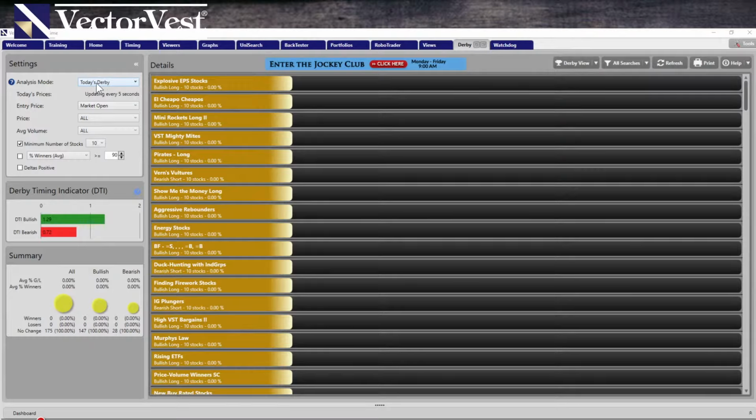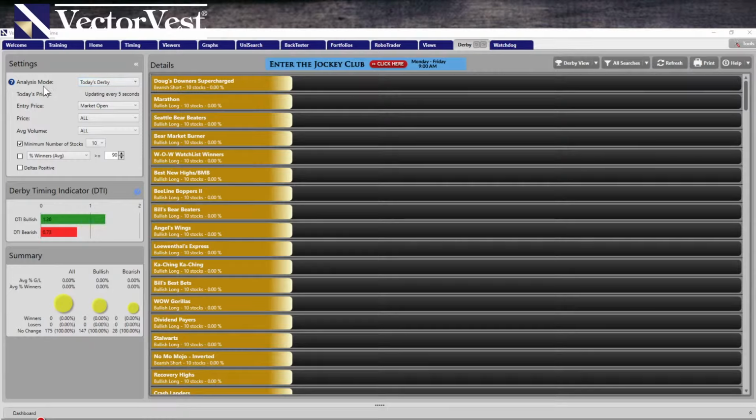Now, what today's Derby will do is once the market starts to open up, you're going to start seeing these searches, and it's going to bring to the top what searches are doing the best at any point in time throughout the day. There are a lot of searches here, and right now, we've got 175 total searches that the VectorVest Derby is looking at. And throughout the day, it will tell you what search is doing the best from a trade perspective.